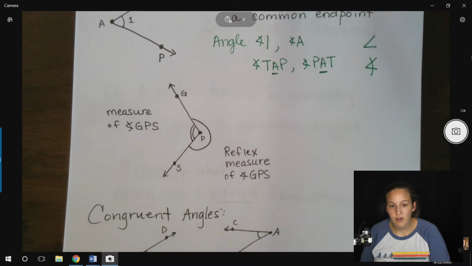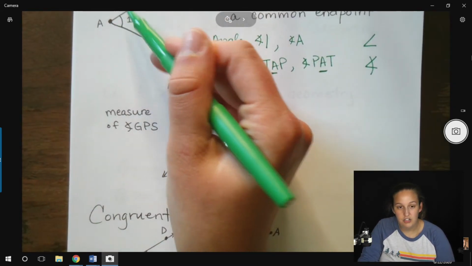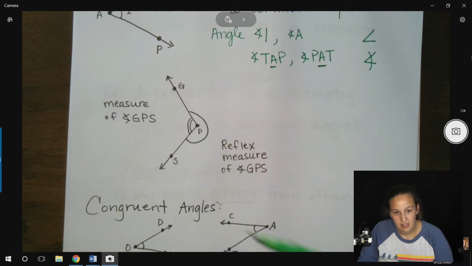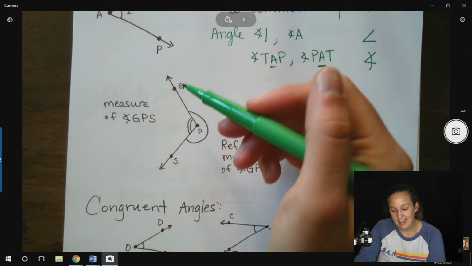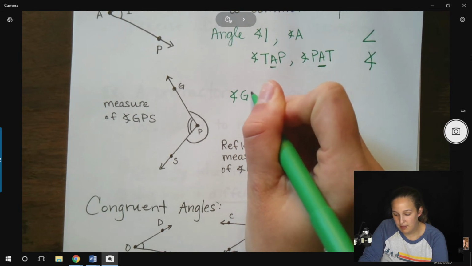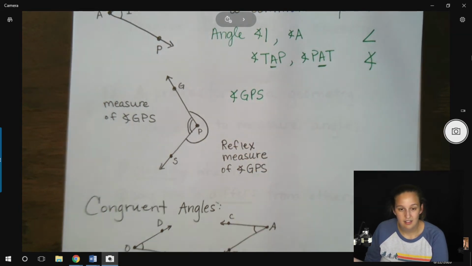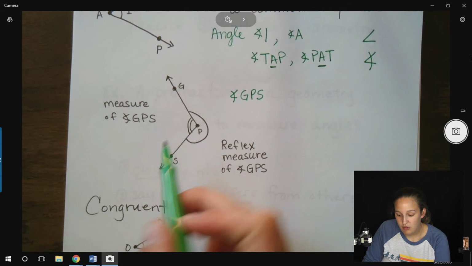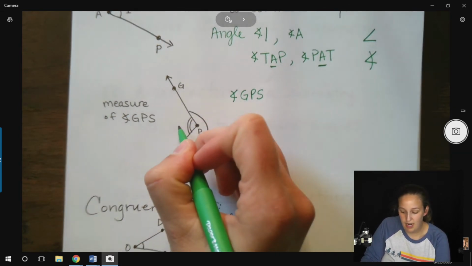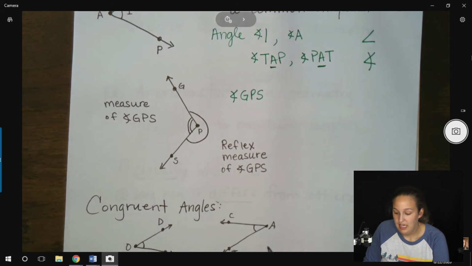Second thing is, how do you know which part you are talking about? So you're talking about this part or this part? So when you're looking at an angle, if I said, I want you to measure angle GPS, you're always going to measure the smaller of the two angles. This is what I'm referring to as the angle.